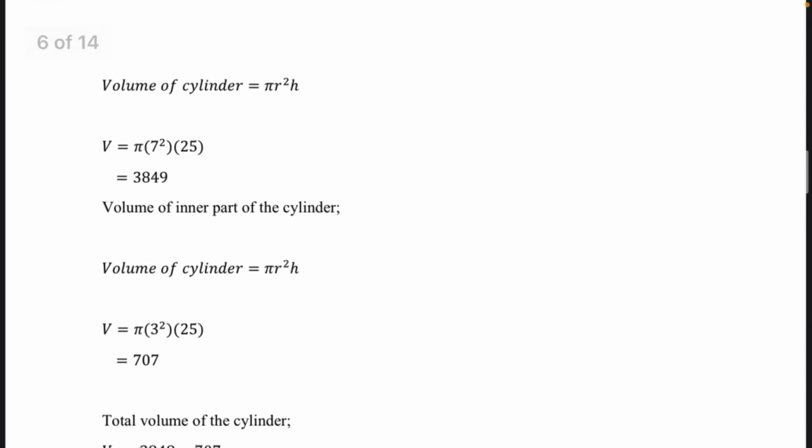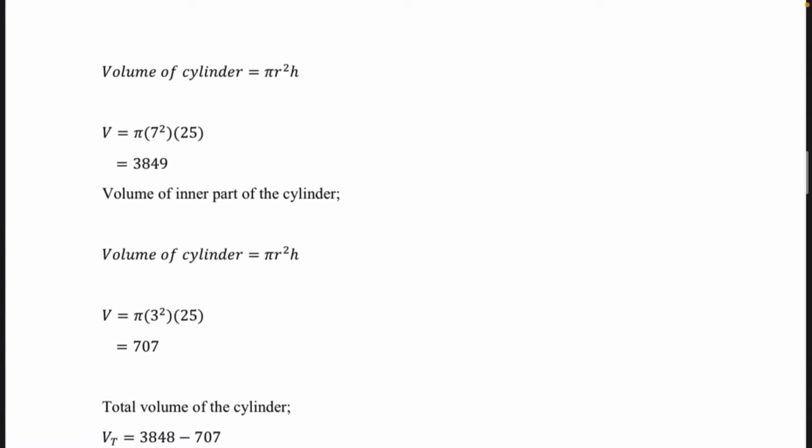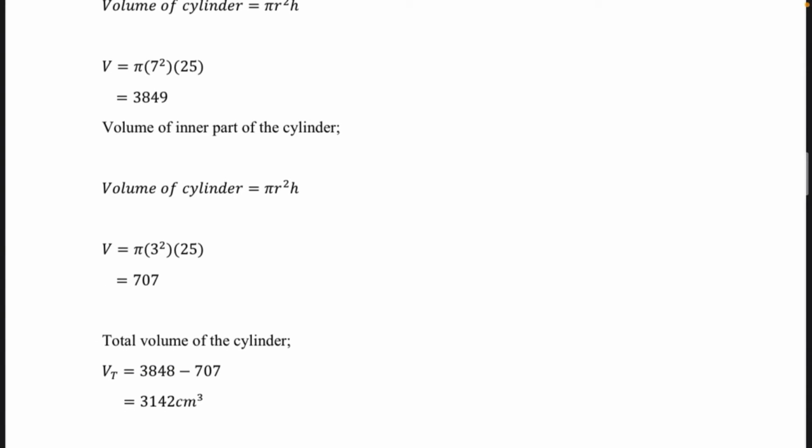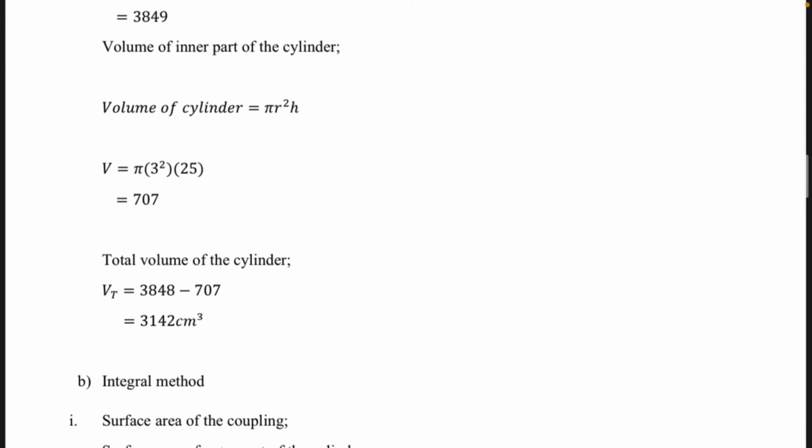The volume of the outer part is 3849 cm cube, and the volume of the inner part is 707 cm cube. Subtracting, we get 3142 cm cube. So that is the conventional method.